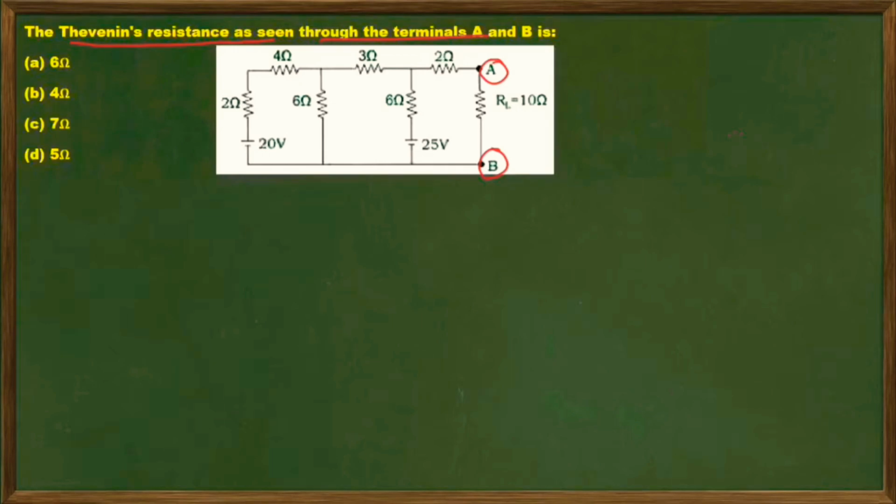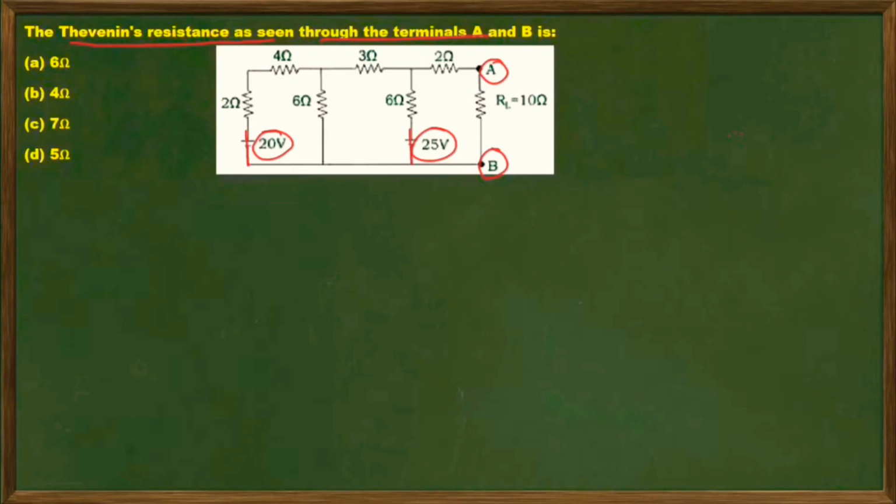Here there are two independent sources, that is the 20 volt voltage source and the 25 volt voltage source. So now we have to remove these two voltage sources. As you know, a voltage source can be removed just by short circuiting it. So just short circuit the voltage sources.